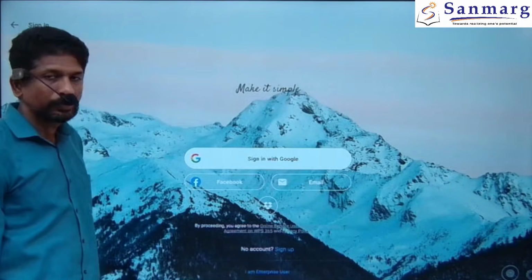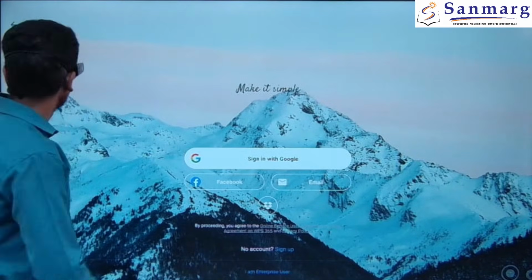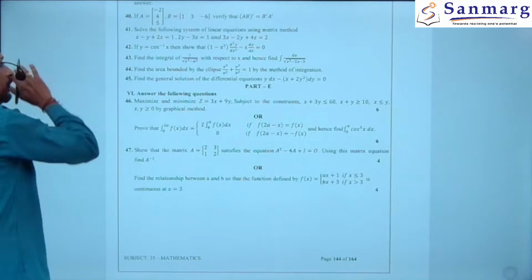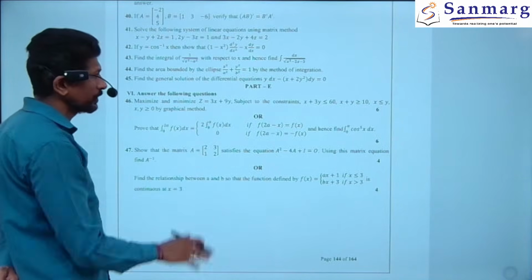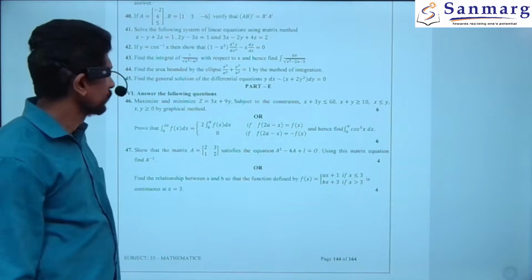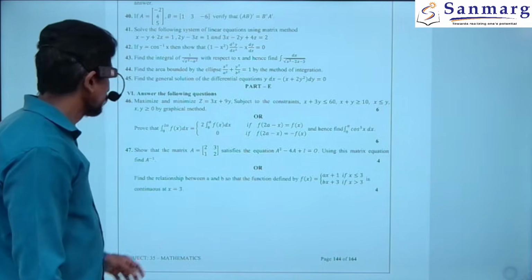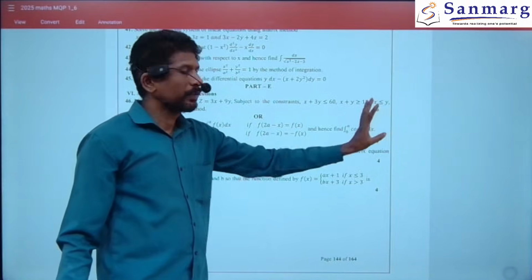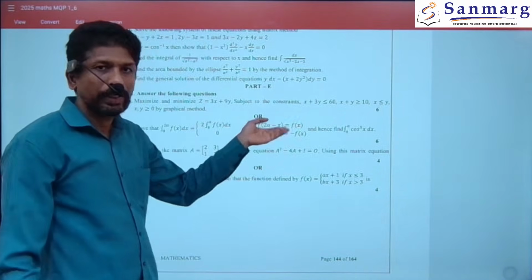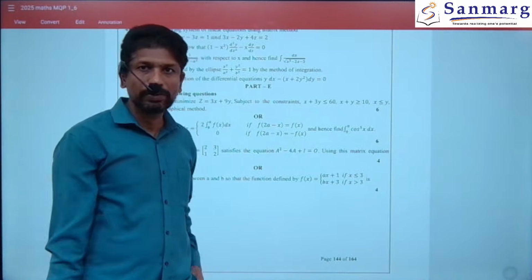The first question I solved. The second question has 3 inequality equations. I will solve that one also, and then I will go with the 5 marks question.